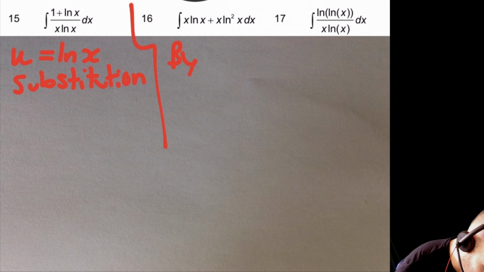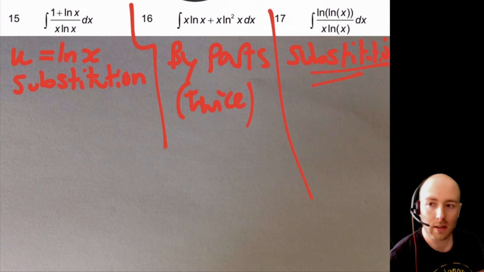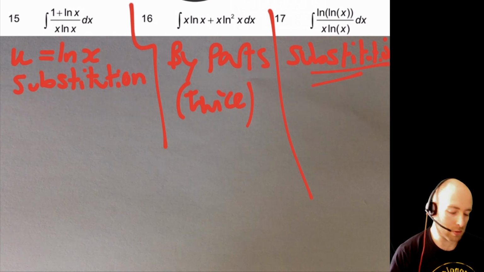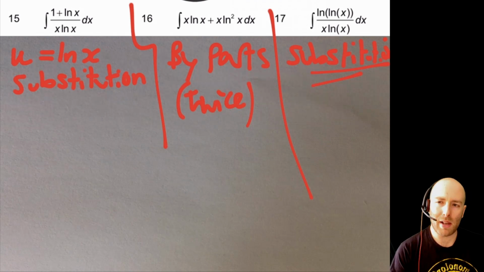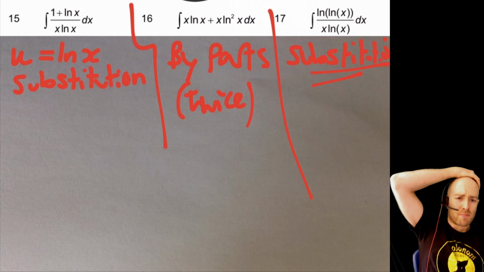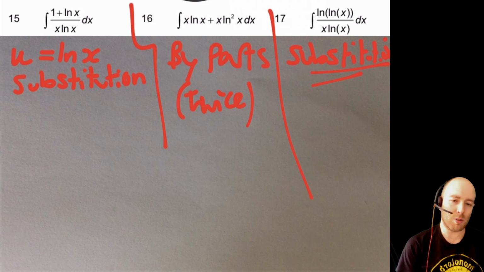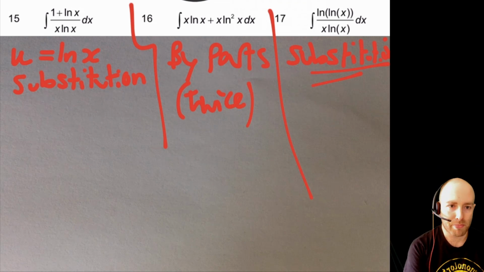Second one is by parts, and you've got to use it twice. The third one is substitution, and I'll let you pick the precise substitution. I'm going to give you a bit longer for this one, probably 15 minutes. If you need longer, please say, because we've only got 9 questions to do today, so we can spend a bit longer on these. But yeah, 15 minutes starts now.